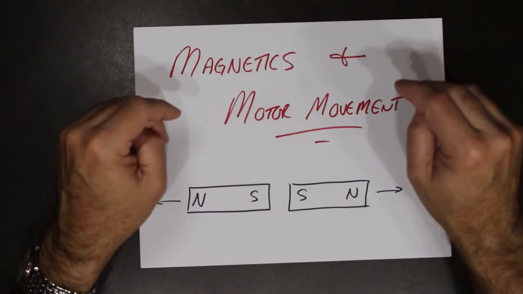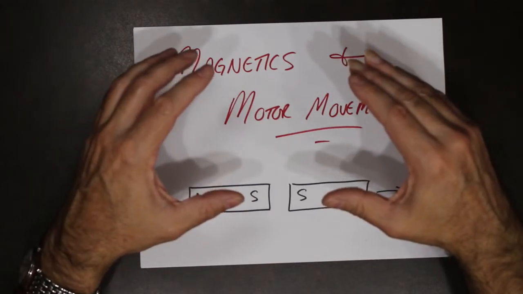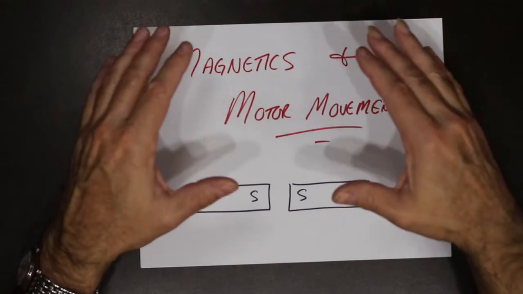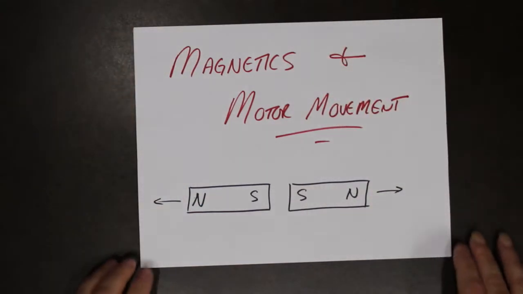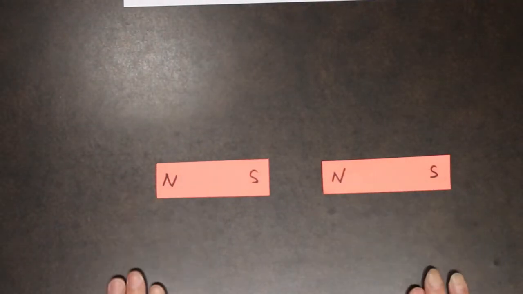We also looked at the thought that magnetics is a field force, so the ability to cause movement without physically touching something.